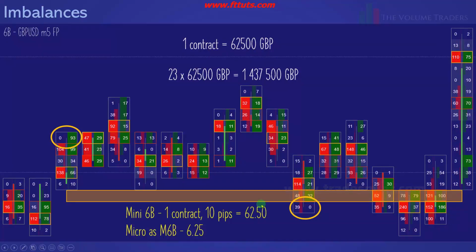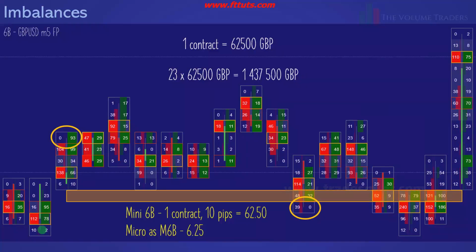So in theory, if there is a 0 on one side, on top or at the bottom, it's a high probability of reversal. This price level that no one had interest to continue the auction between bid and ask. So if there are numbers on both sides, like here 6 and 10, 10 and 2, this is called an unfinished auction.